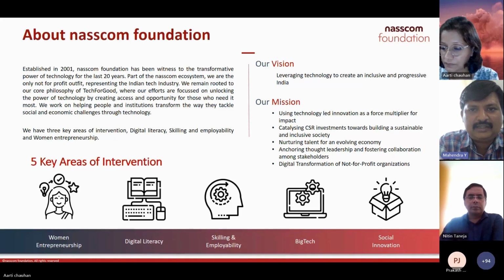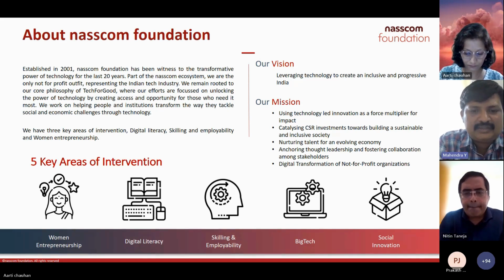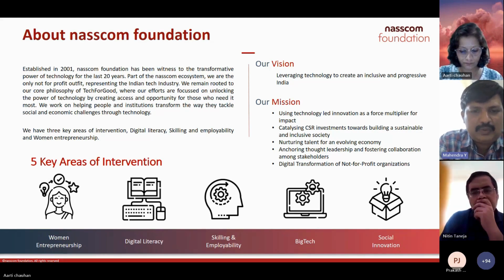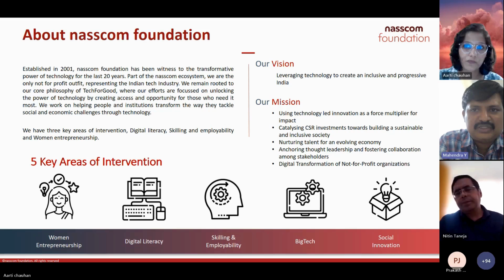The second one is digital literacy, looking at some of the skills which are required. The next one is skilling and employability, so how do we look at employability and upskilling in tier two and tier three cities? Then we have BigTech, where we work with NGOs looking at various avenues and opportunities to engage with them.